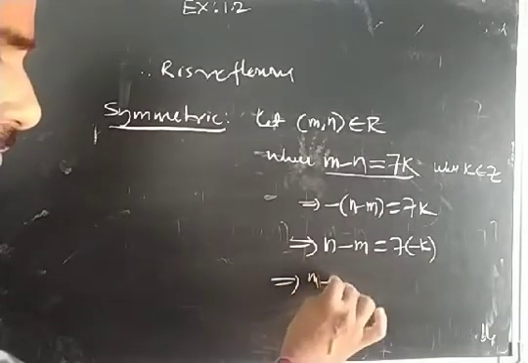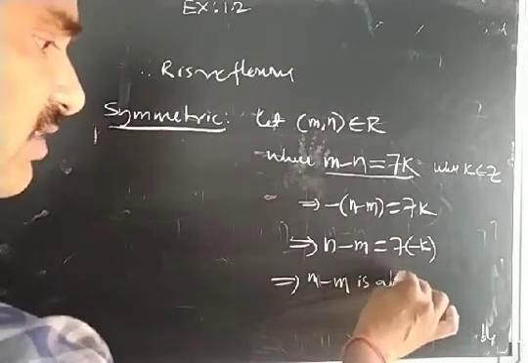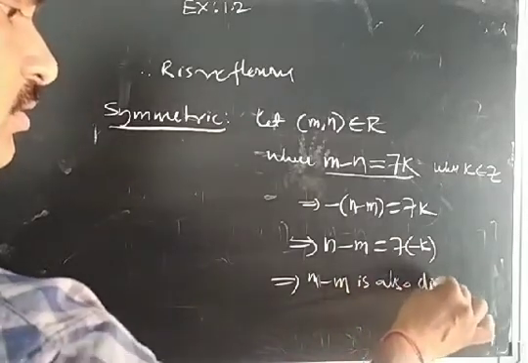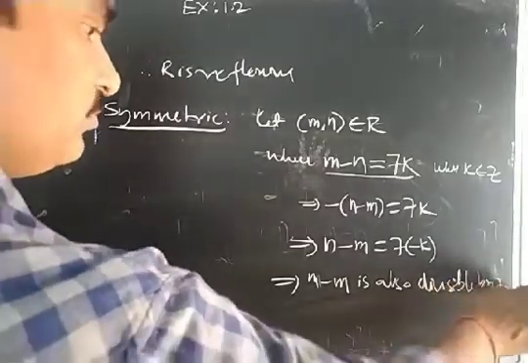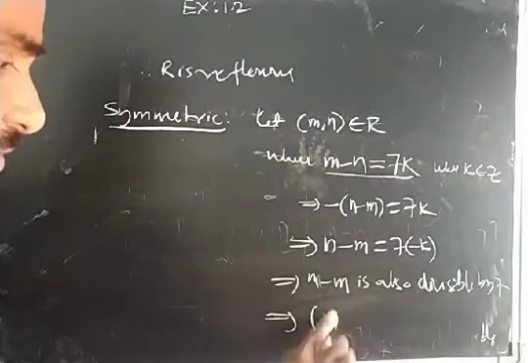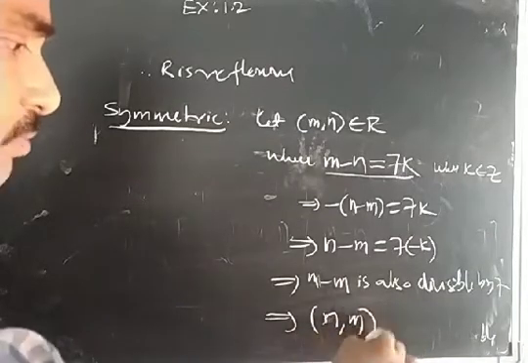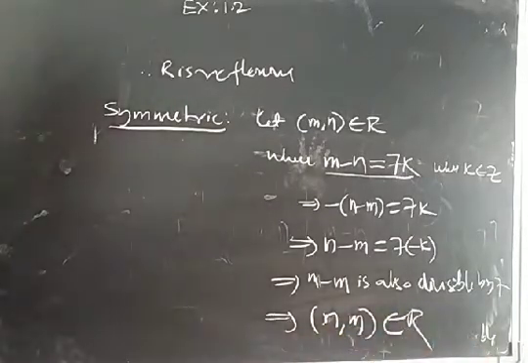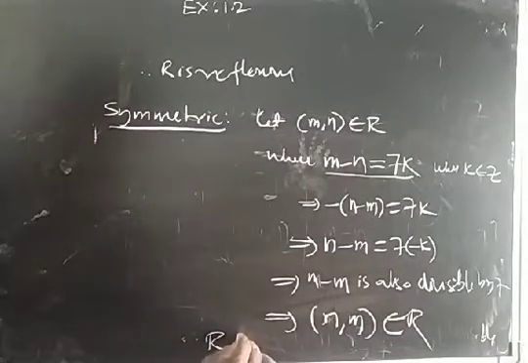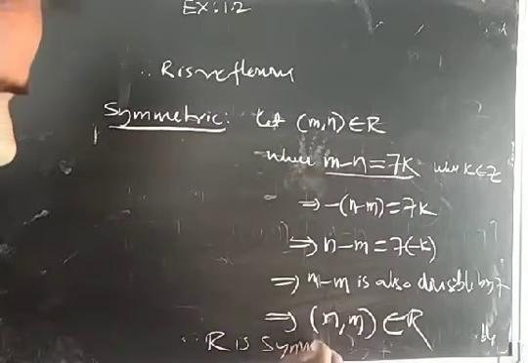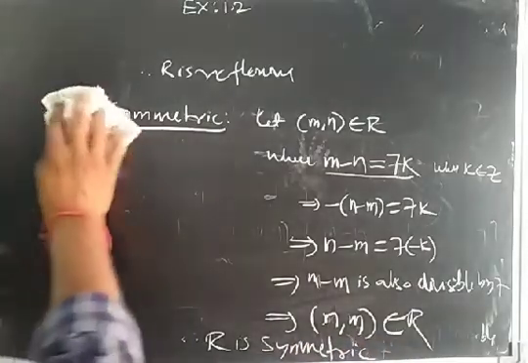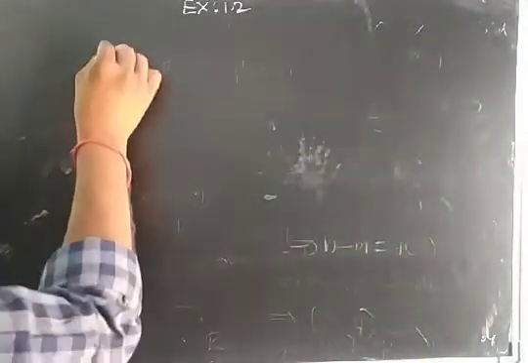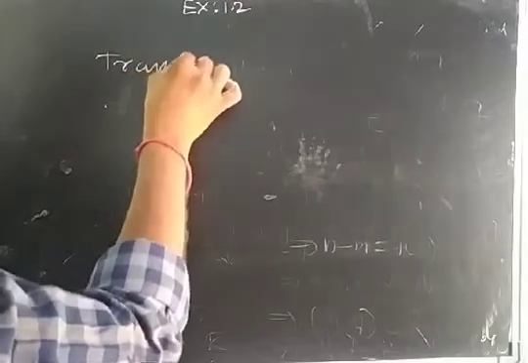Therefore, that implies you can write (n, m) belongs to R. Okay, therefore R is symmetric. Now I am going to check the reflexive condition, sorry, the transitive condition. Transitive.